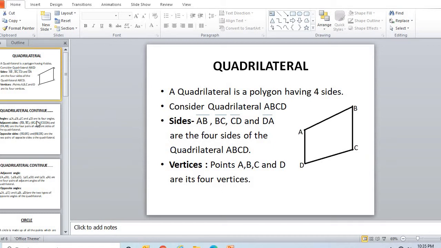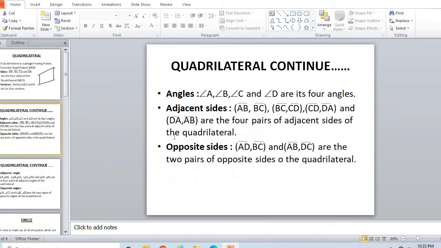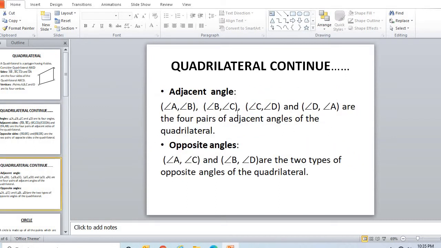So these are there in the next slides. Okay. See this one. Right now we understood all of you. Next one, adjacent angles and opposite angles.